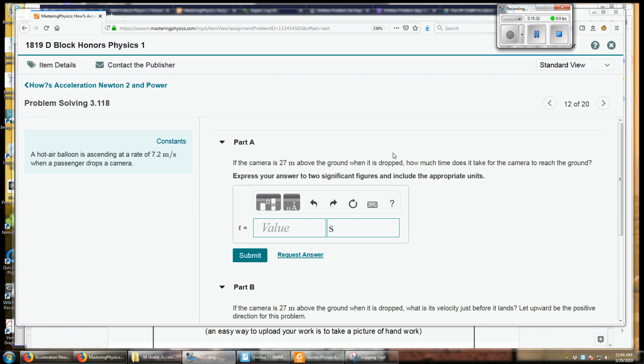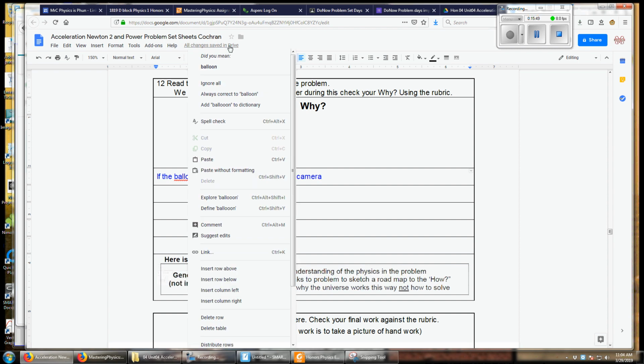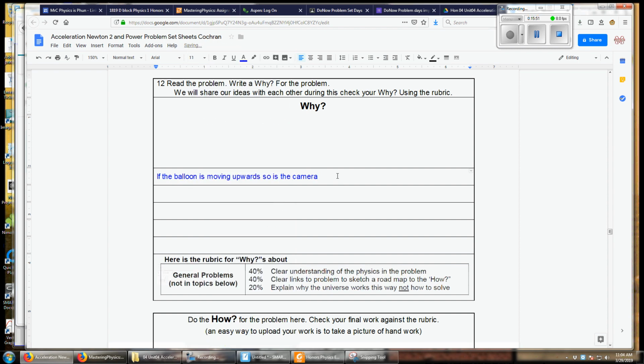That if the balloon is moving upwards, so is the camera. So is the camera at the same speed.